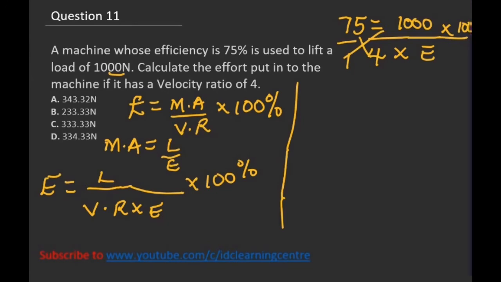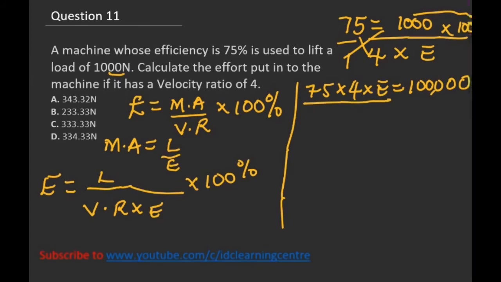So, you have 75 times 4 times E equal to 1 times 100. If you cross multiply, 1 times 100 will give us 100,000. To get the effort, you now divide both sides by 75 times 4.